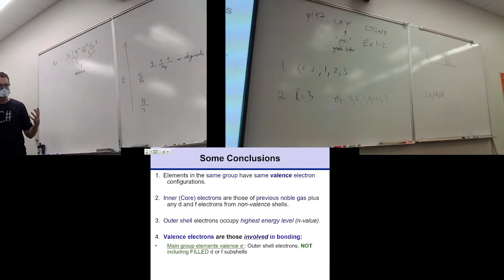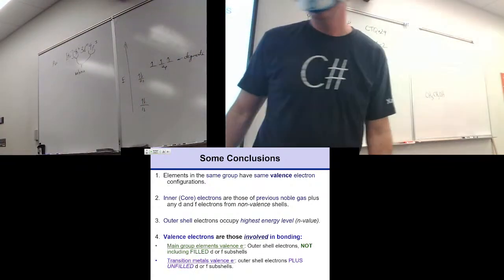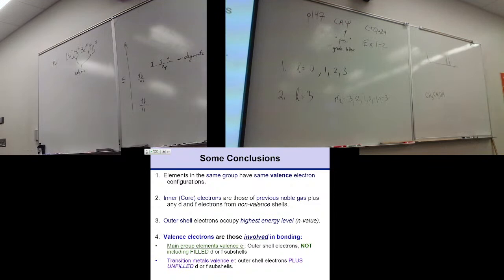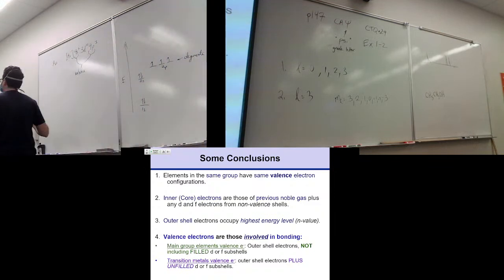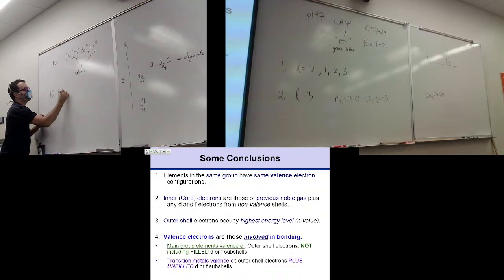But if I'm talking about transition metals, they're a little bit more interesting, or at least harder to deal with, let's put it that way. So for instance, iron. The electron configuration for iron would be argon core, 4s2, 3d, and then what is it, 1, 2, 3, 6.